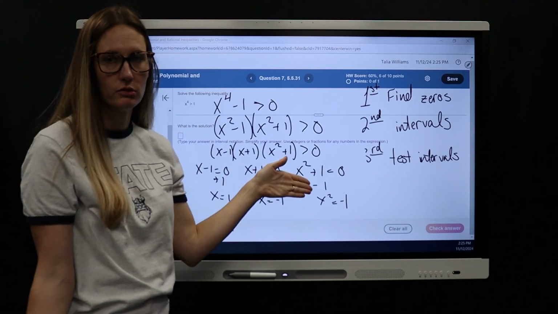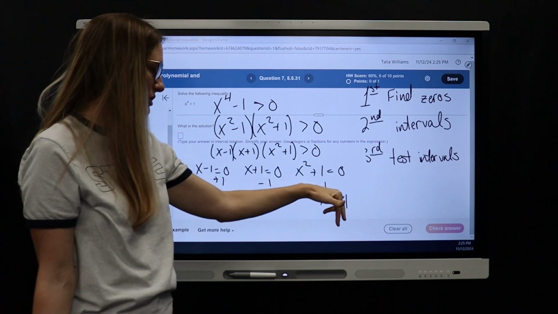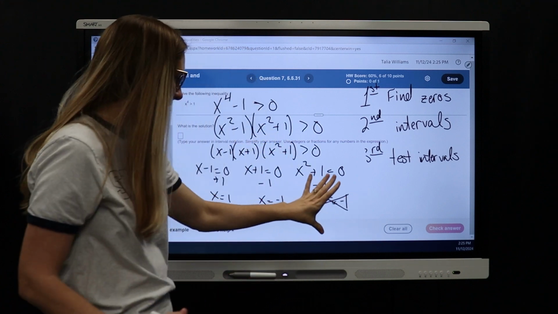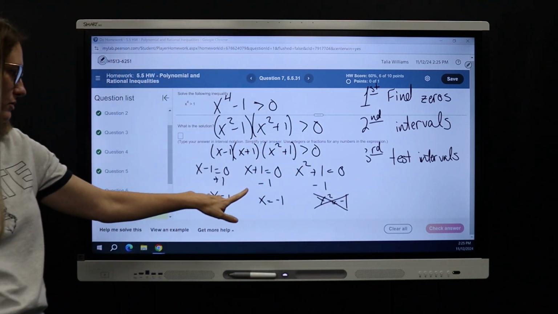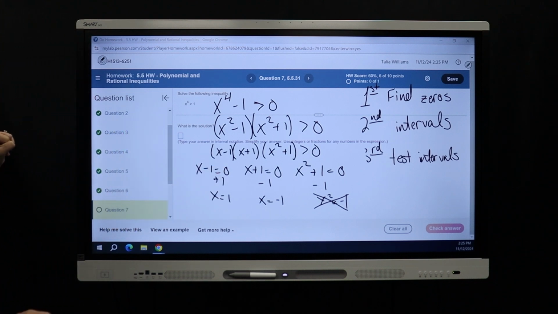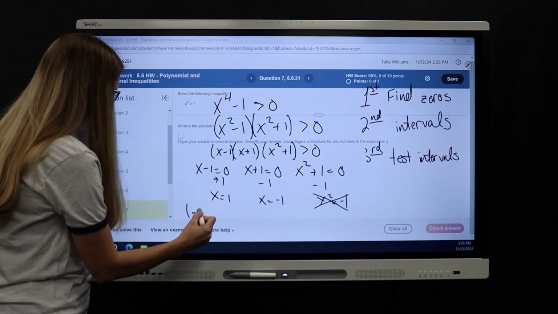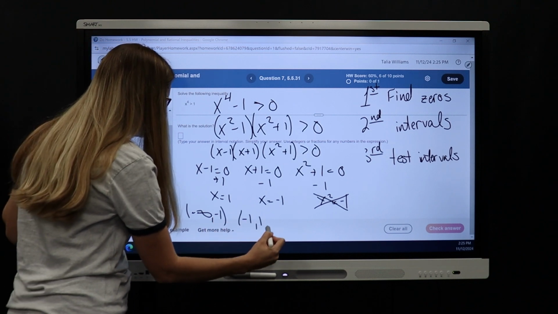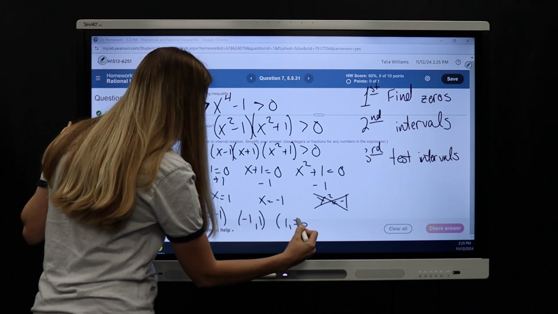There's no real solution to it because when you take the square root of a negative, you get that i. So we don't use that. We're just going to use 1 and negative 1 for our intervals. So our intervals would be negative infinity to negative 1, negative 1 to 1, and 1 to infinity.